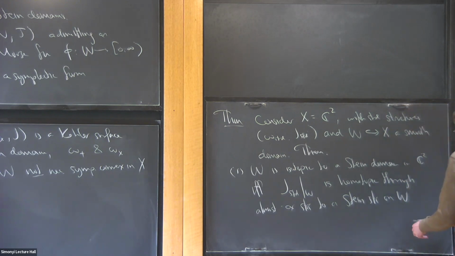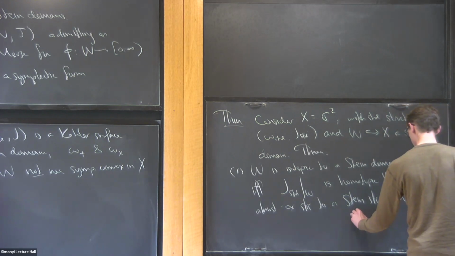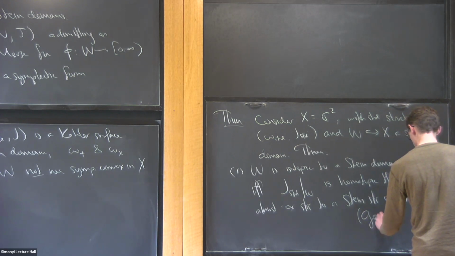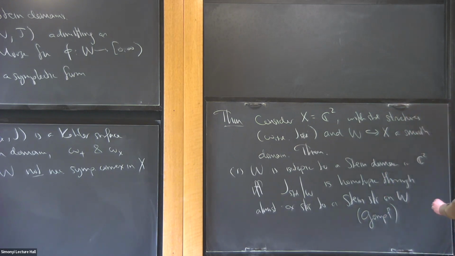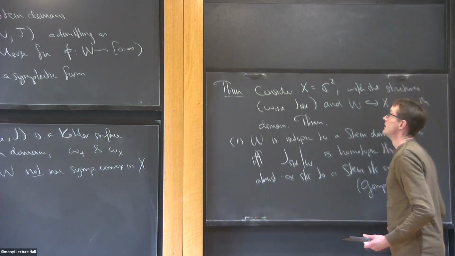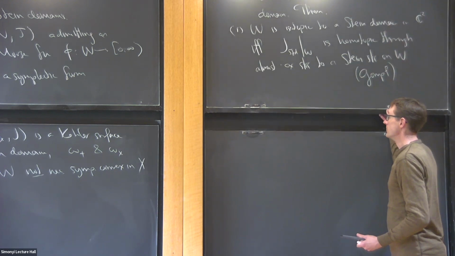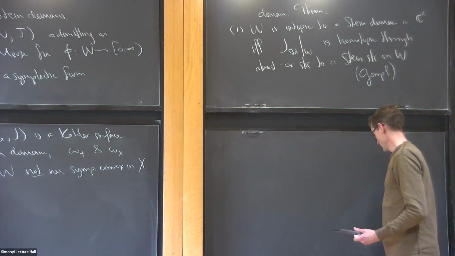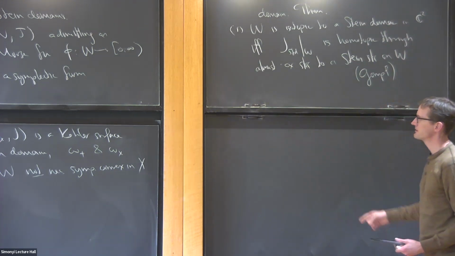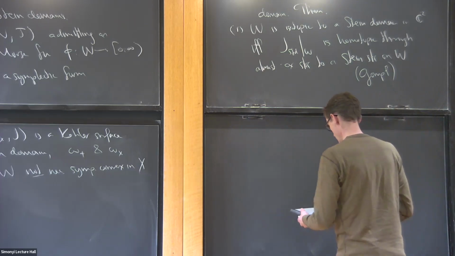So this is basically a result of Gompf. And Gompf doesn't care that it's C2. We could have done this anywhere. Okay, so that's part one of the theorem. But as I said, that's not enough for us.